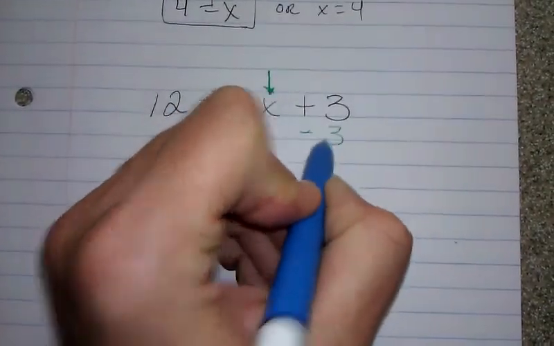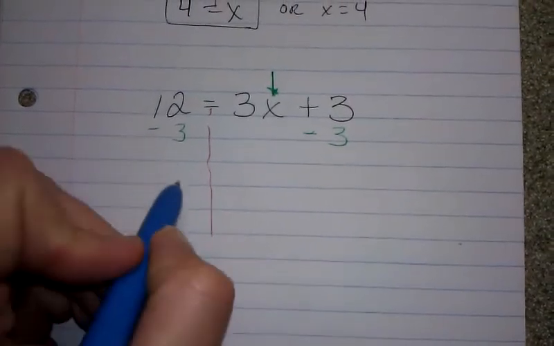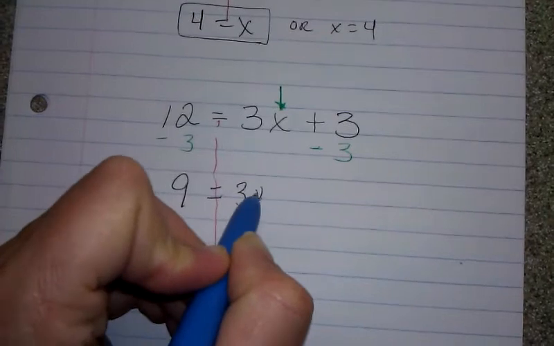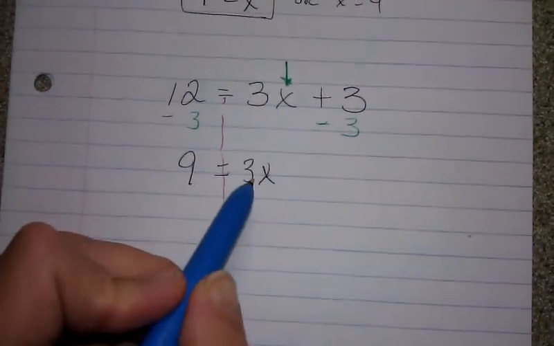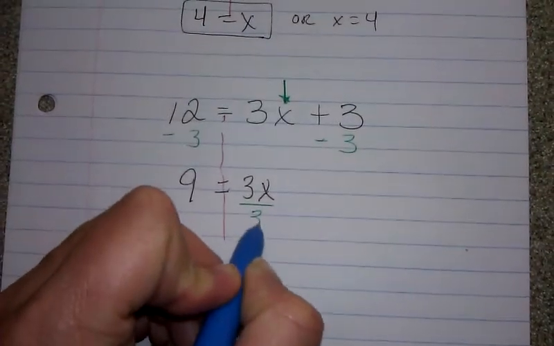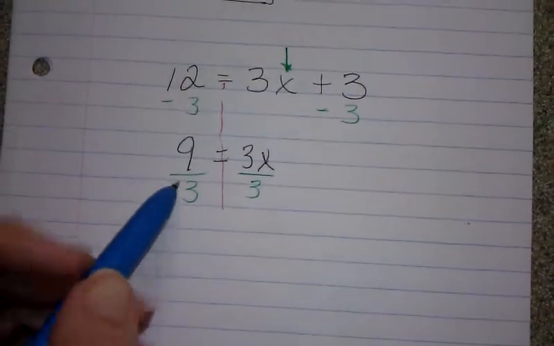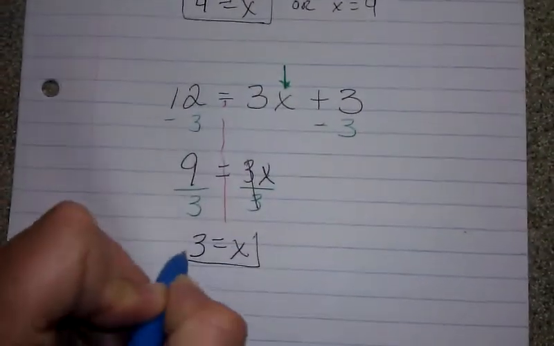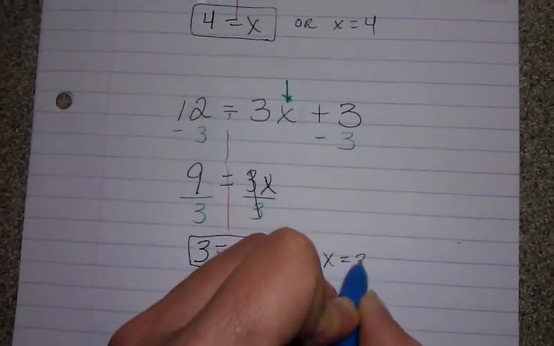I'm going to subtract 3 from each side. 12 minus 3 is 9 equals 3x. 3 times x, the opposite of times is divide. I'm going to divide by 3 on each side. 9 divided by 3 is 3 equals x. So you can write it like this, or x equals 3.